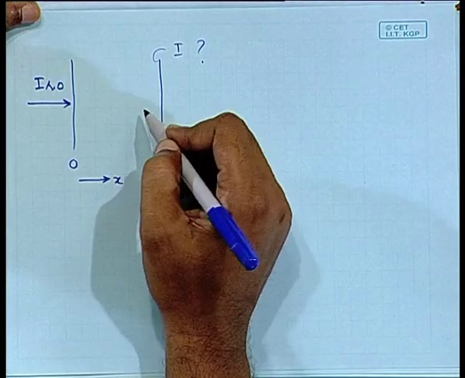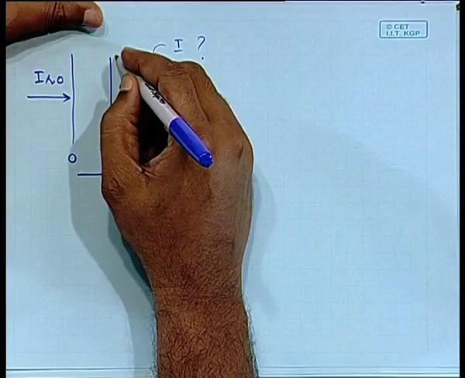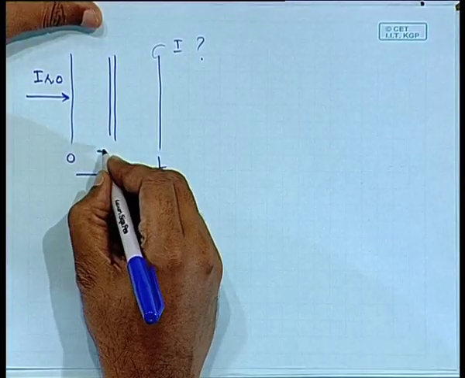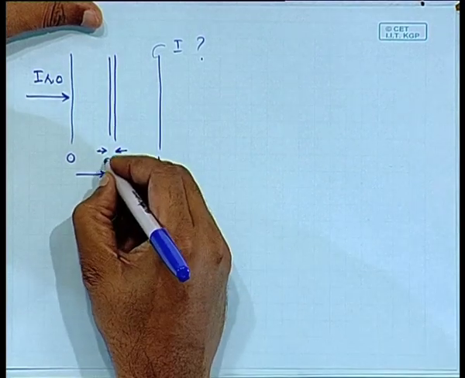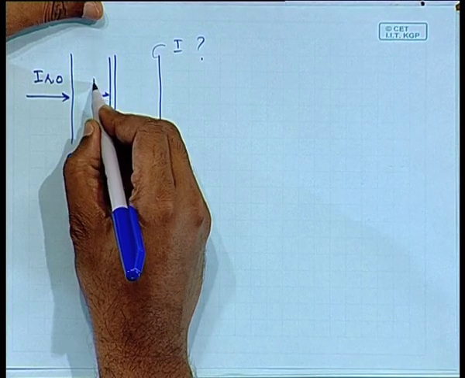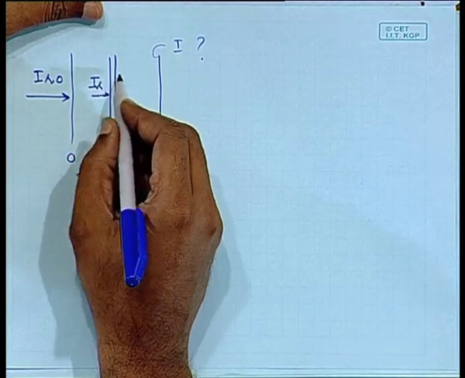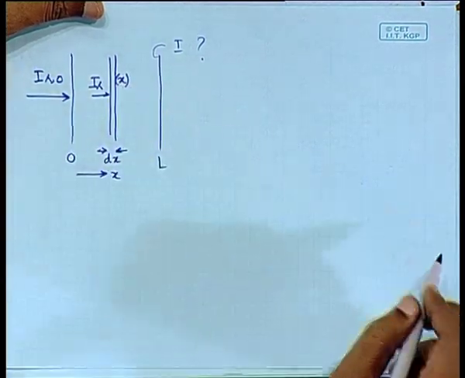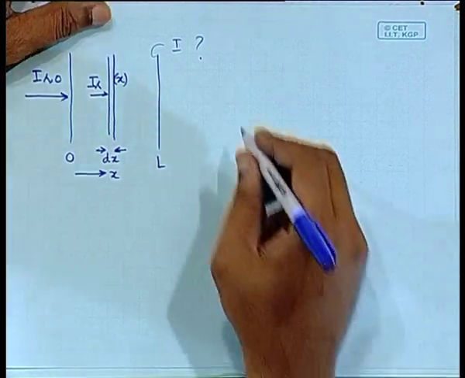I have a participating medium in between, which means the gas or vapor present is going to absorb some amount of energy. Let us say I take a very small differential element of gas which is dx in thickness, and the radiation intensity over here is simply I lambda, a function of x.